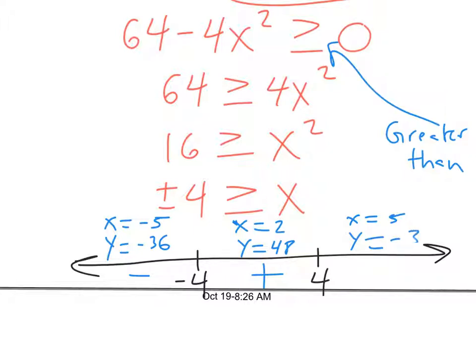Actually, just like when I put in -5, I get -36, and it's negative, which would now tell me for my solutions, it would be there to there, and my final answer would simply be when x is between and including -4 and 4. Those are where I'll get positive answers. And so if I end up taking the square root after I plug those numbers in, I'll get positive y values, and I won't be taking the square root of a negative.